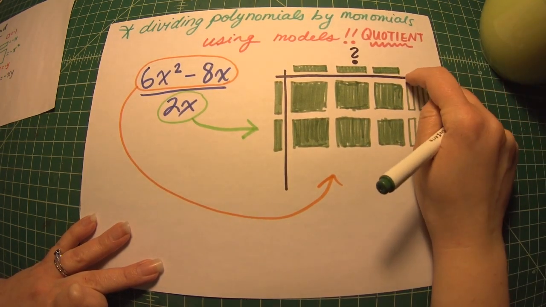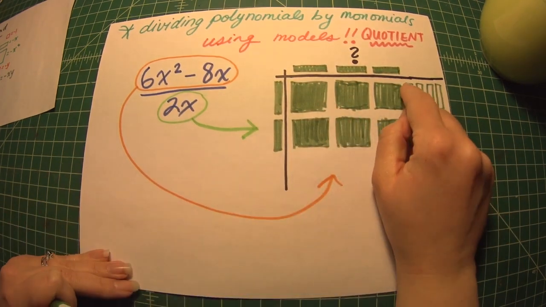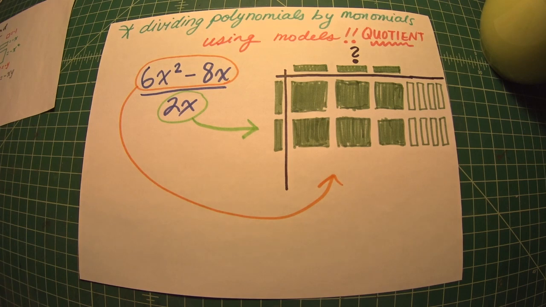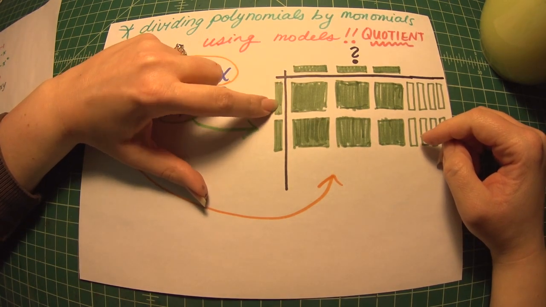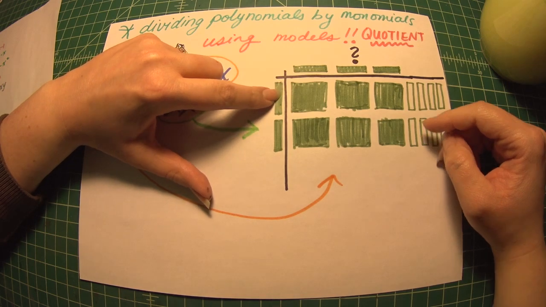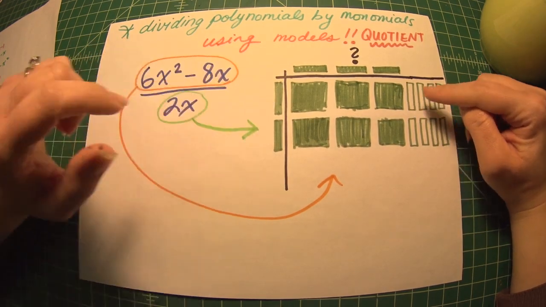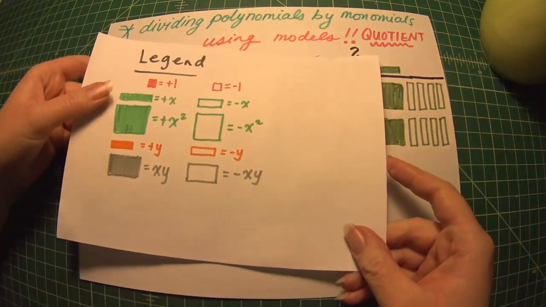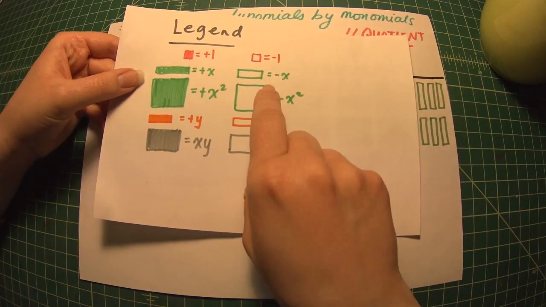Okay, so now here it needs to be the same kind of size as the end of the x. And if we think about it, we've got to ask ourselves, what times a positive x would give us a negative x? So it's going to have to be a mismatch, so I know whatever goes here will have to be a negative.